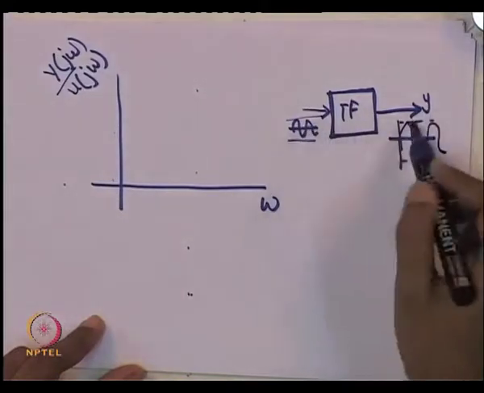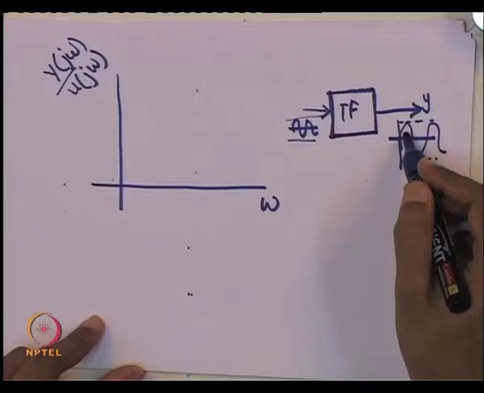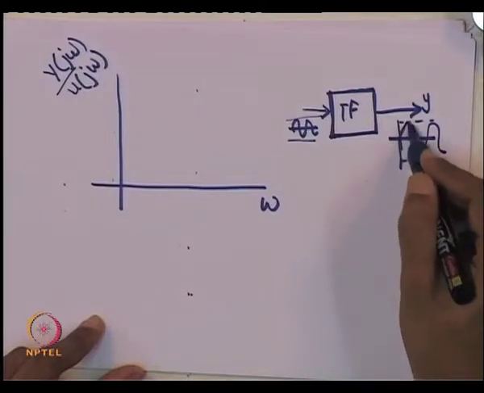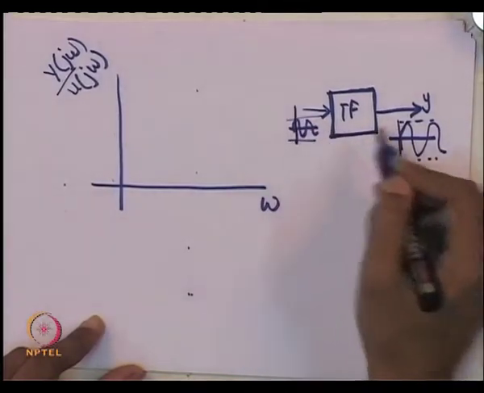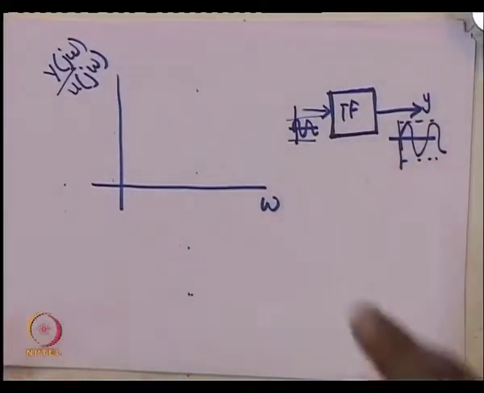That is the gain, and also measure the phase shift. There will be some phase shift between this signal and that. That is what will give you what is known as the frequency response. Remember, frequency response implicitly is the steady state frequency response of this system.